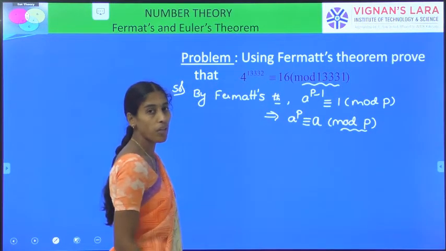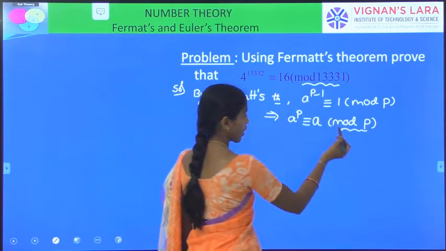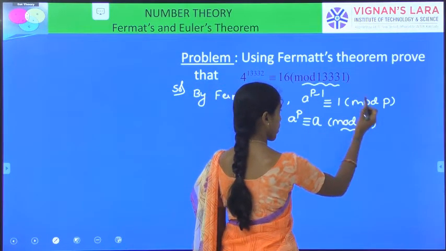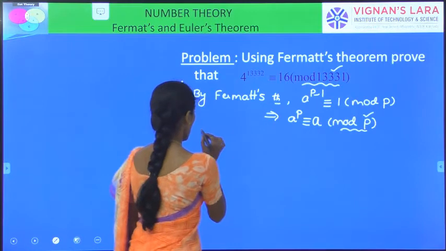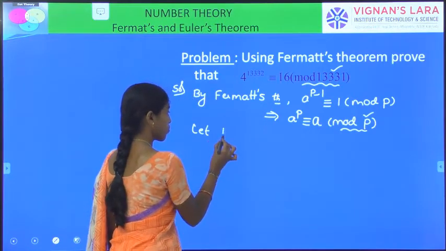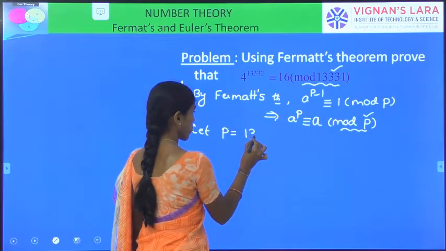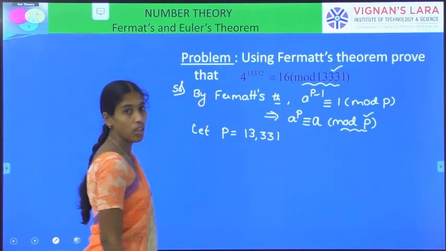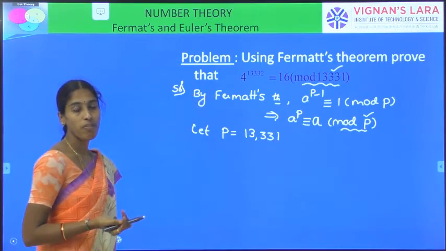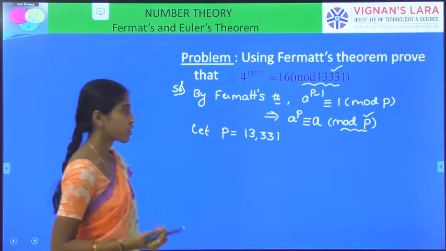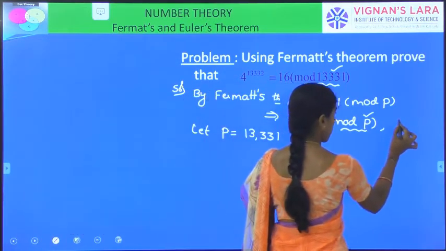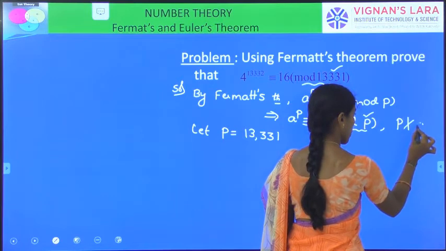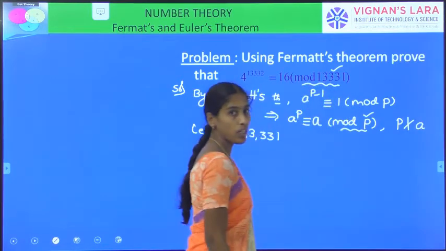So what is the P value? Here, from these two, by comparing, identifying P, what is P? So let P be equal to 13,331, right? To apply the statement of Fermat's theorem, the condition is that P does not divide A, right? What is A?